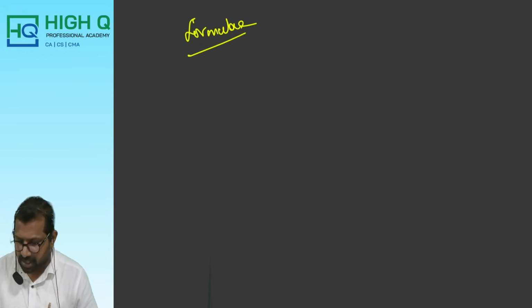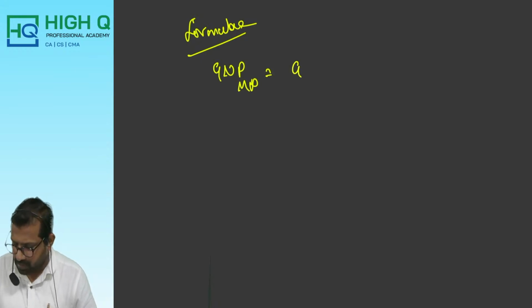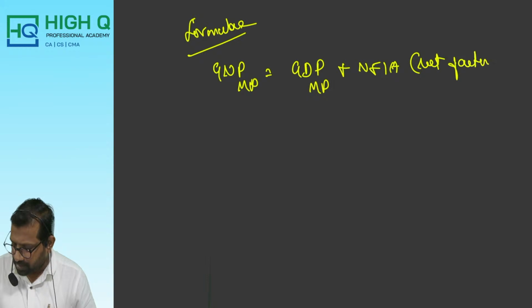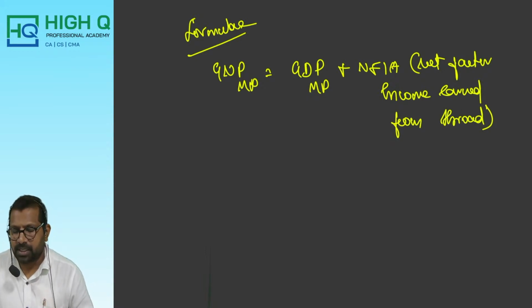So the formulas are: GNP at market price equals GDP at market price plus NFIA, called net factor income earned from abroad. So X is a person, a citizen of our country, who went abroad.